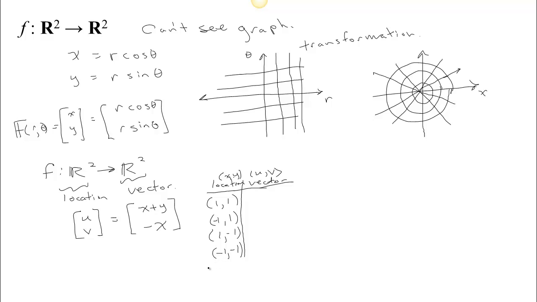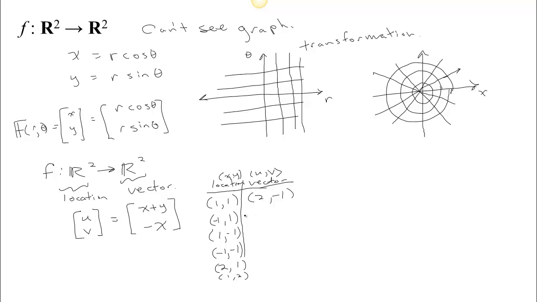Those are all possible locations that we might consider. Maybe we could do another one, like maybe 2, 1, or 1, 2, and so on. For each of these inputs, we can use this formula to get the output vector. So let's see, if x and y are both 1, x plus y is 2, and negative x is negative 1.